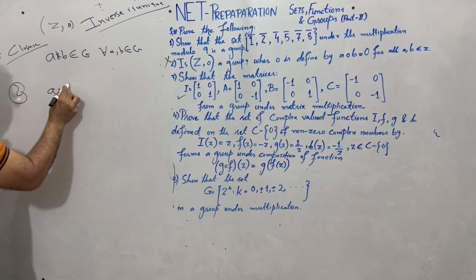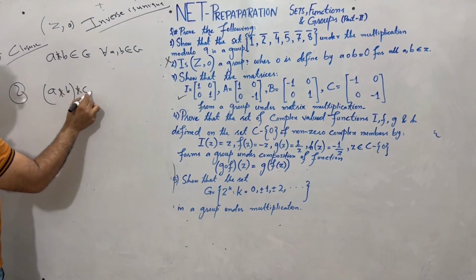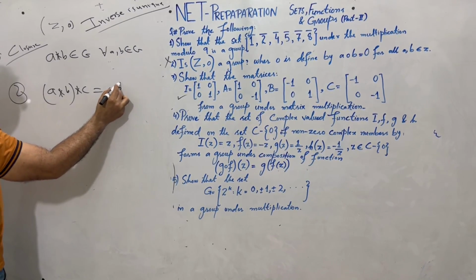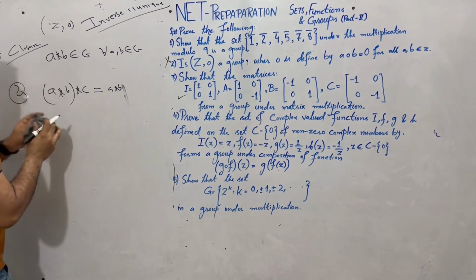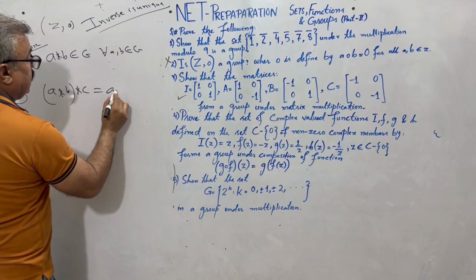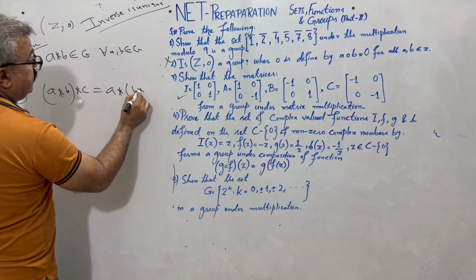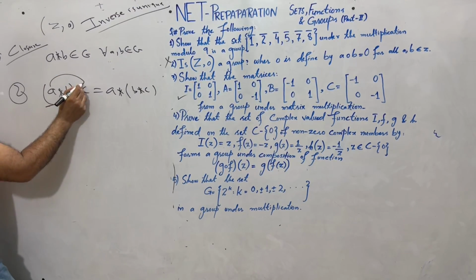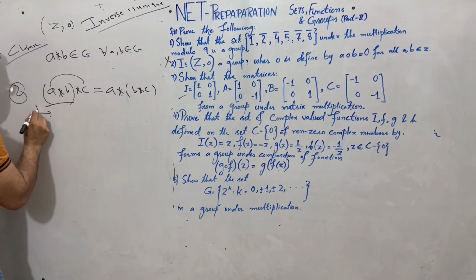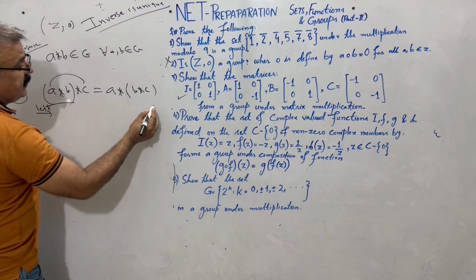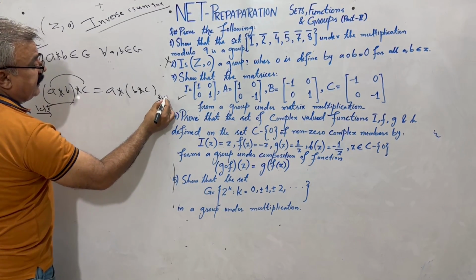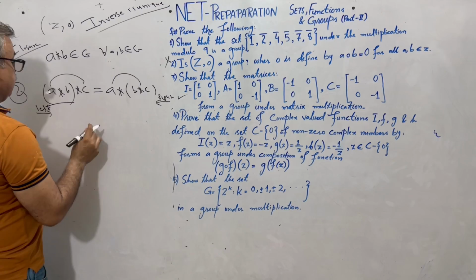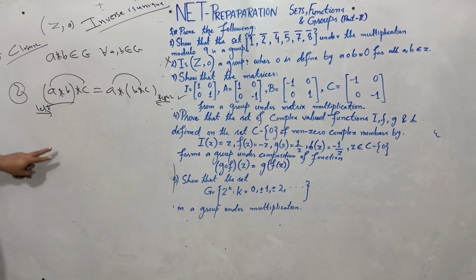It states that (a star b) star c is equal to a star (b star c). It means that first you operate a and b, then with c, starting from the extreme left. On the other side, you start from the extreme right: first b and c, then with a. They are equal in case of the associative law.